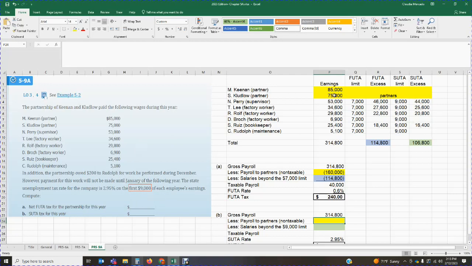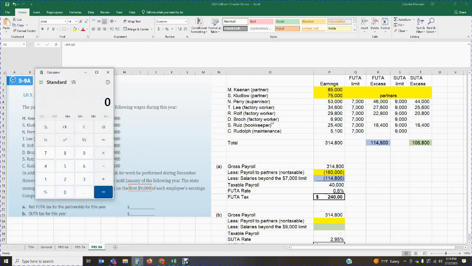So we compare how much we made and we subtract the excess. We know that this employee, Perry, made $53,000. I'm going to pay state unemployment taxes on the first $9,000. So that means $44,000 is not taxable. The SUTA excess column represents the non-taxable portion. This is the excess, above the $9,000 mark.